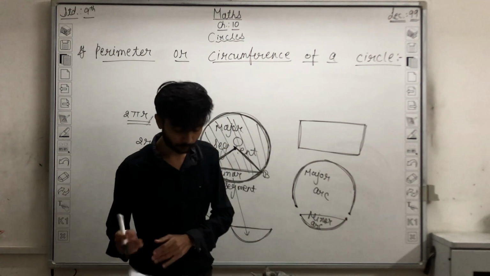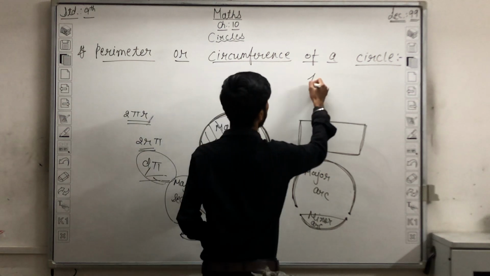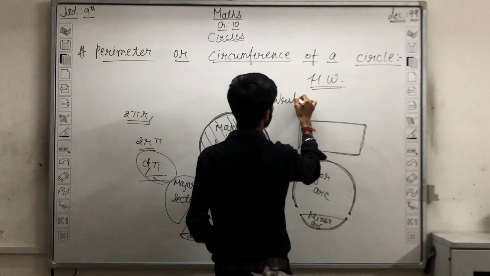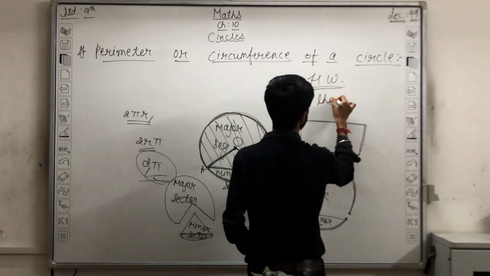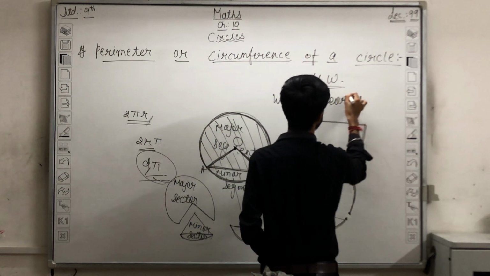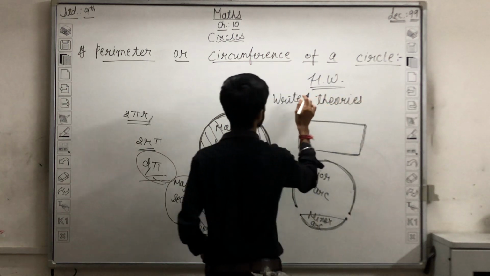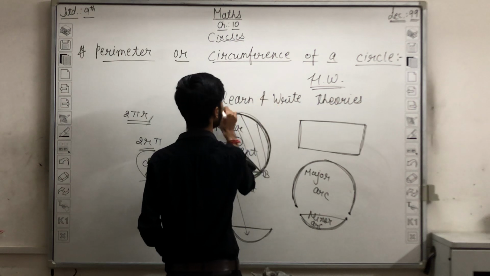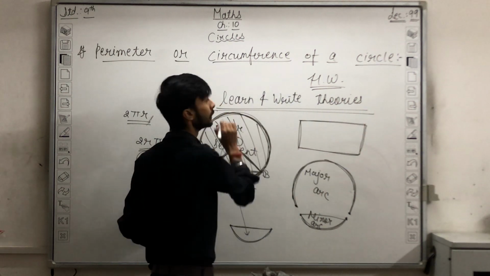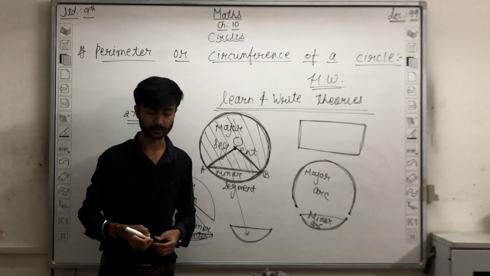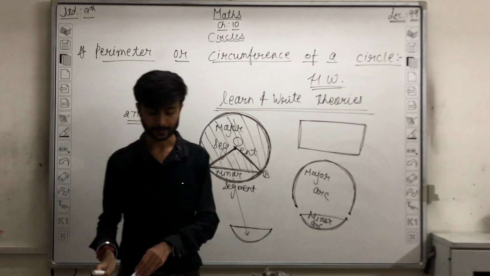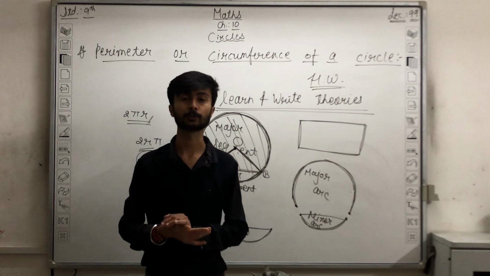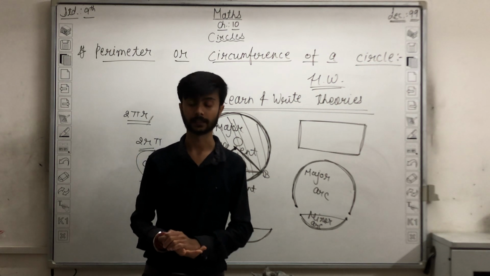For homework, you have to write the theories and learn them also. Only the theories of chapter number 10, all the theories before exercise number 10.1, you have to write in your notebook and learn.